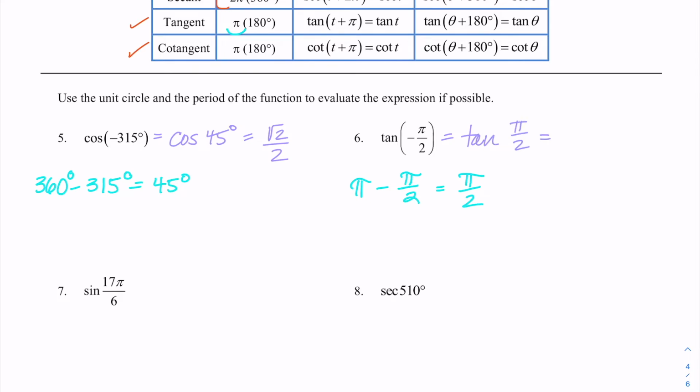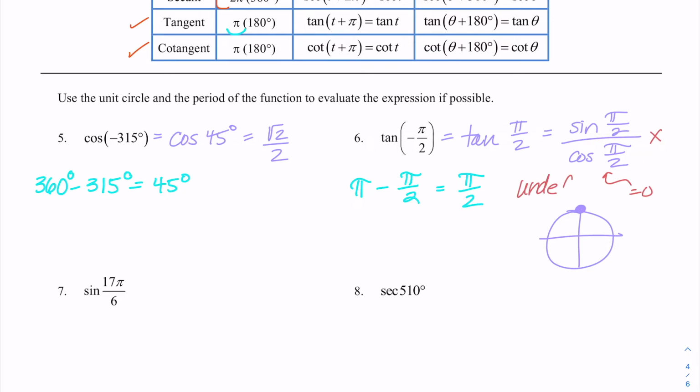And keep in mind that the tangent of pi over 2 is the sine of pi over 2 divided by the cosine of pi over 2. And at pi over 2, that cosine is 0. So this is undefined.